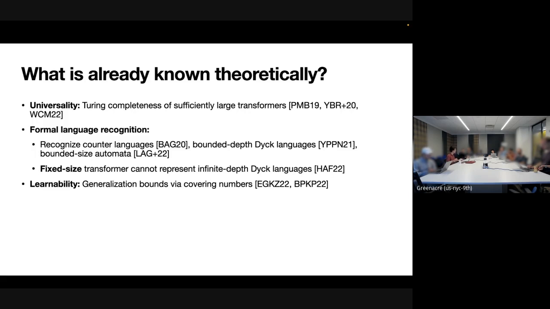How many samples do we need to generalize? They have these covering numbers type bounds, and then they say, okay, if we have these transformers, if the parameters are bounded by a certain amount, then you need this many samples to learn it. And then here are some concept classes that you can represent efficiently using a bounded number of parameters. Hence, these are tasks that can be learned using this framework.